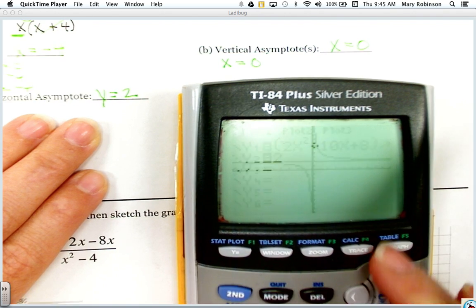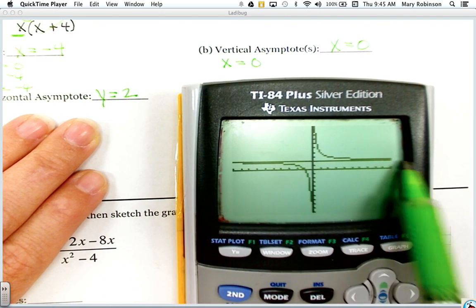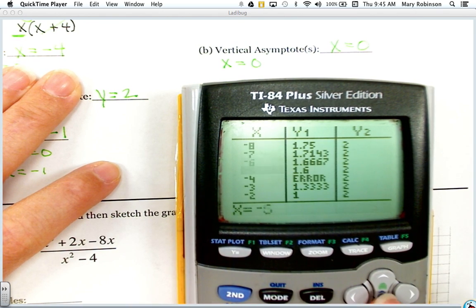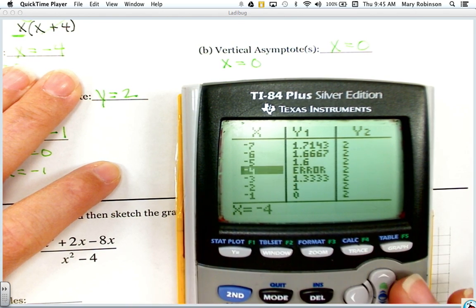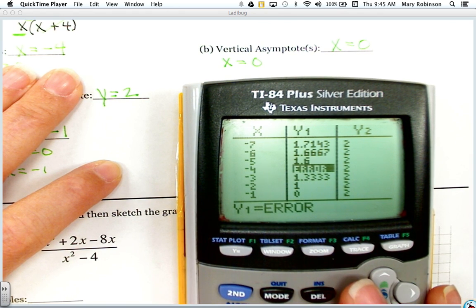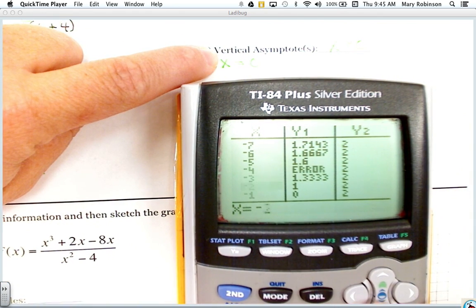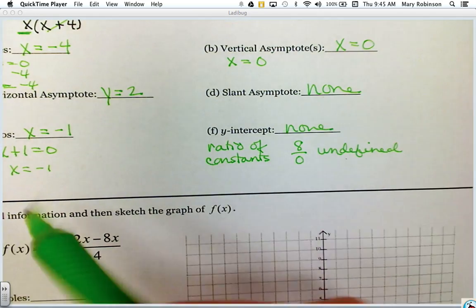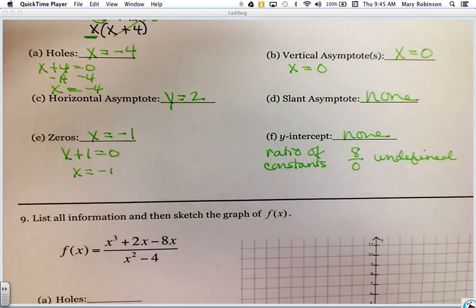At y equals 2, you can see that's kind of where that horizontal asymptote should be. You can also see that you will have a restricted value at an x value of -4. That's why it says error. And you'll also have one when the x value is 0. Okay? So that should verify that your answers are correct.